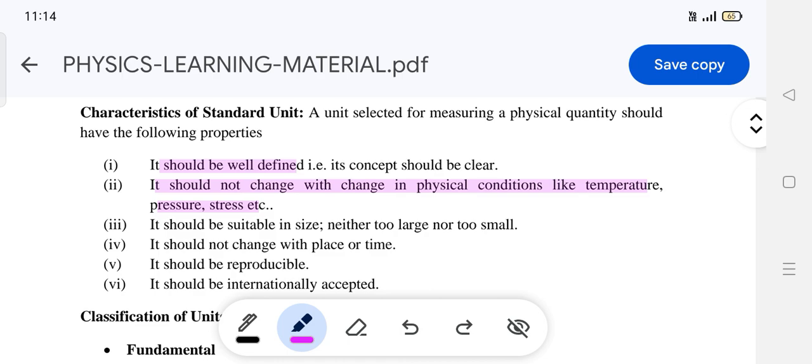It should be suitable in size, neither too large nor too small. It should not change with place and time. It should be reproducible. It should be internationally accepted.